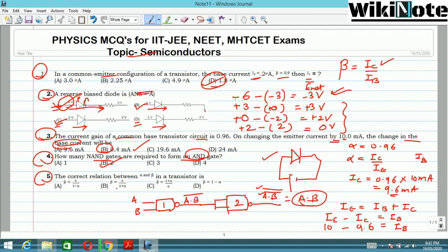So alpha value should be less than 1, and beta value must always be greater than 1, with values between 1 to 200. So that will be the hint, and just check down the answer, which will be the answer. So that's going to be my question for you people.